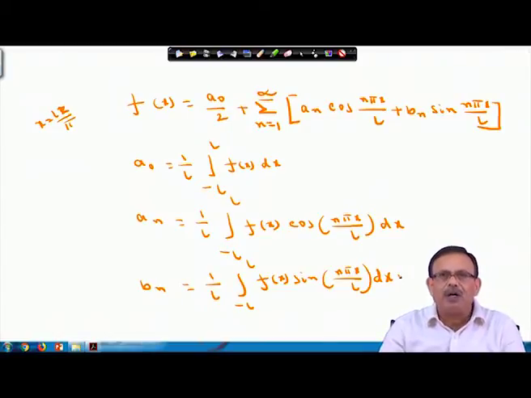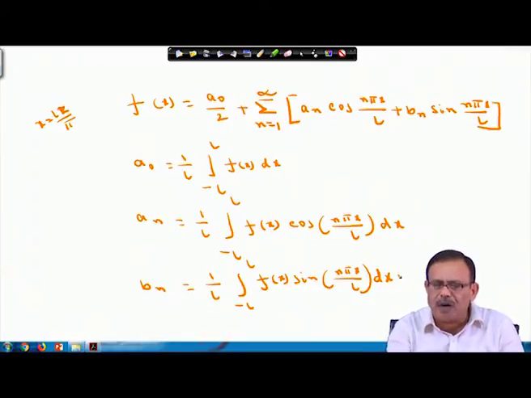So, now if a function f x is defined in minus L to L, then f x can be expanded in terms of Fourier series as f x equals a naught by 2 plus summation n equals 1 to infinity a n cos n pi x by L plus b n sin n pi x by L, where a naught equals 1 by L, minus L to L, f x dx, a n equals 1 by L, minus L to L, f x cos of n pi x by L, and b n will be 1 by L, minus L to L, f x sin n pi x by L.